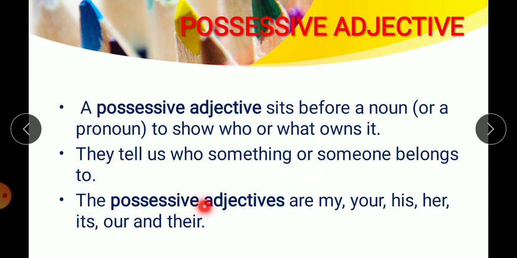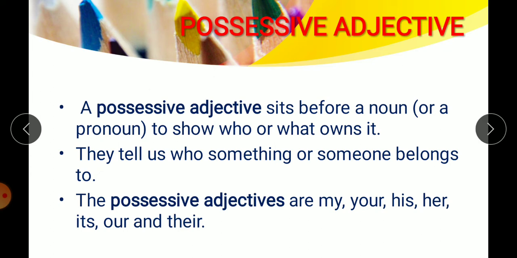The possessive adjectives are my, your, his, her, its, our and their. So they all are possessive adjectives, like my book, your bedroom, his book, her bag, its puppy, our school, their garden.